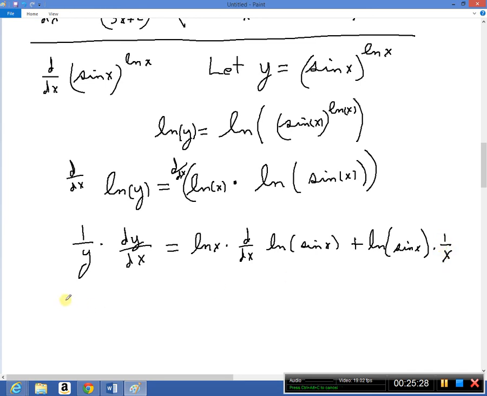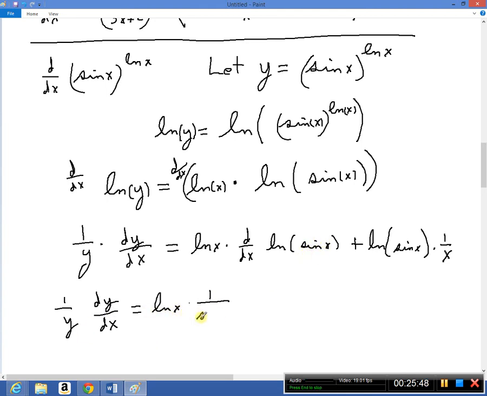Okay, next line, 1 over y dy dx equals natural log of x times what? What is the derivative of the log of the sine of x? Well, the derivative of the log of anything, we know, is 1 over whatever is there, 1 over sine of x.